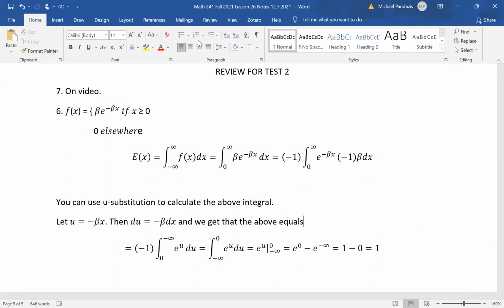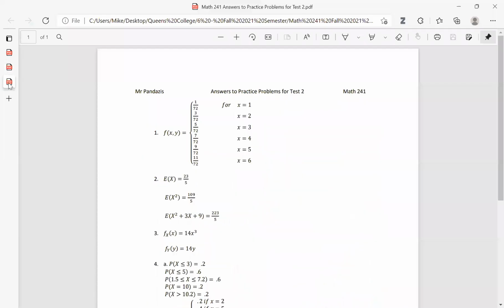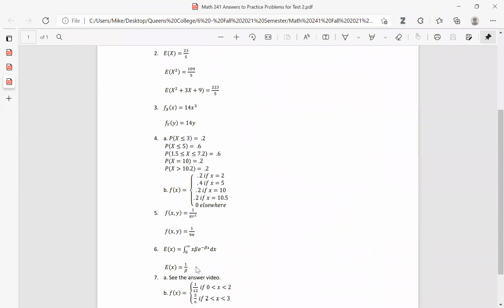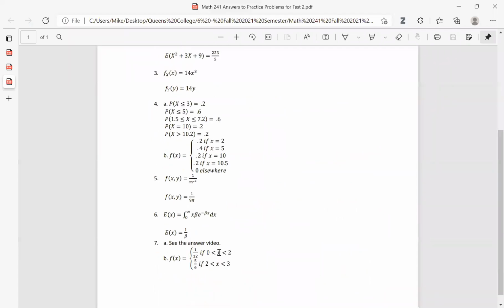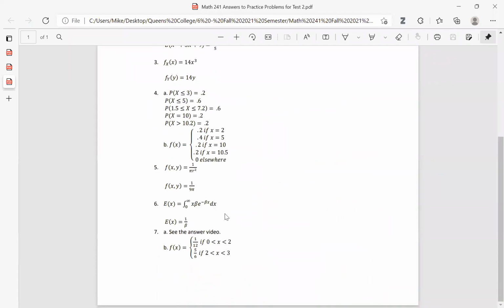And so now, right, I have an answer sheet also. Let me just find it. It's next to the practice questions. Okay, here, so then, oh wait, it's 1 over beta. Oh wait, there's, oh, okay, I fixed it, hold on.